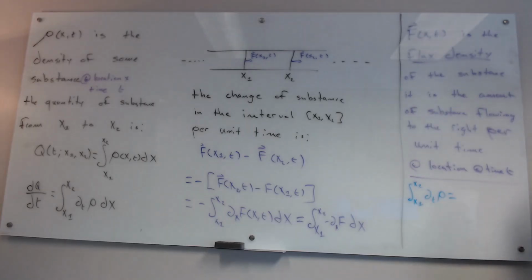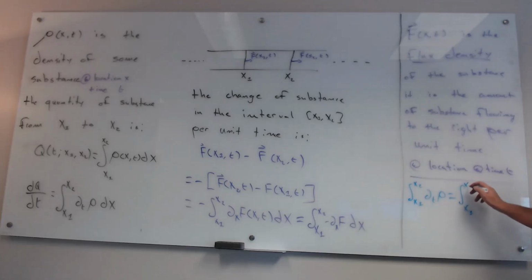Again, we're fixing x1 and x2. They're fixed but arbitrary. One way to write the change of quantity of substance per unit time in that interval is with this integral here, and another way is with this integral here. So they have to be equal to each other because they both represent the same thing. They're both computing the derivative of q with respect to t.